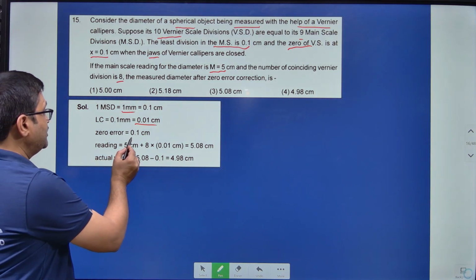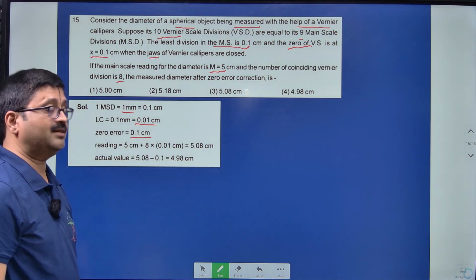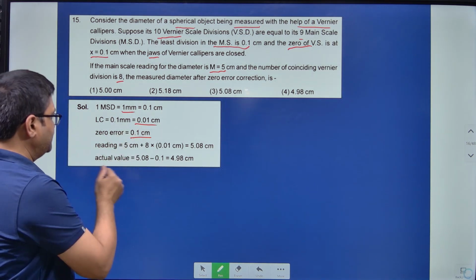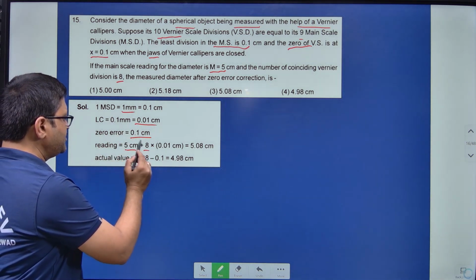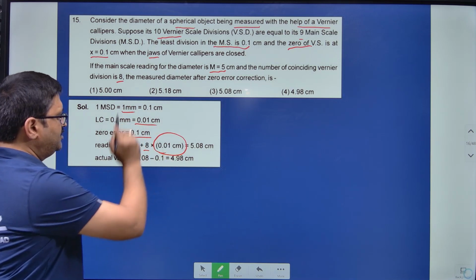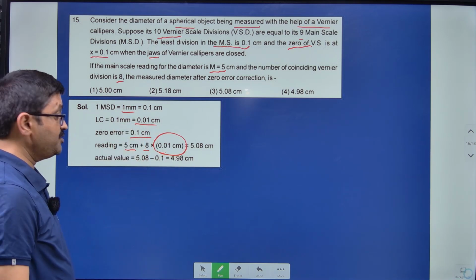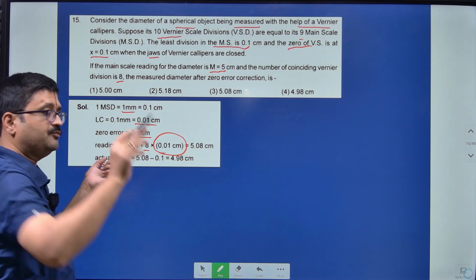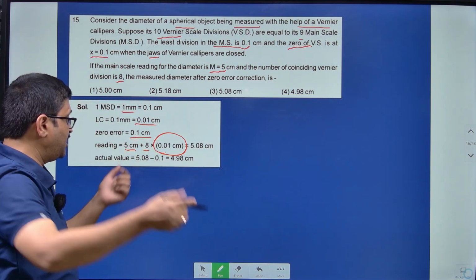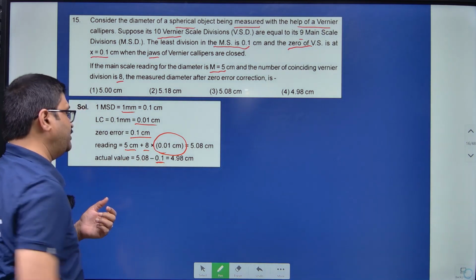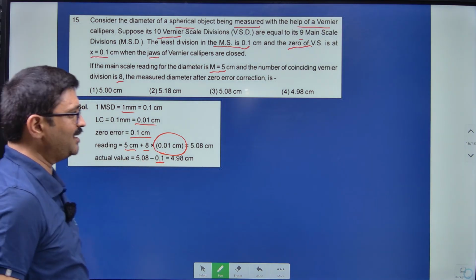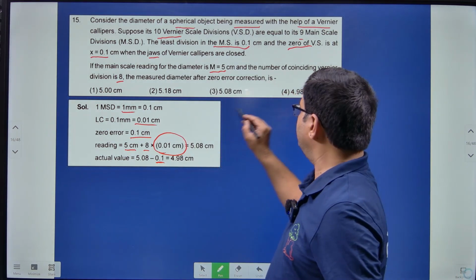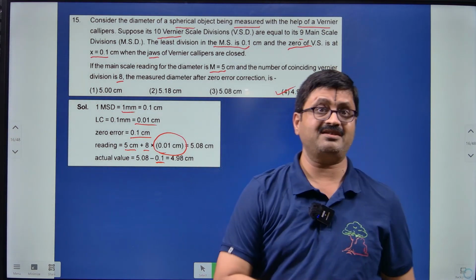Then the zero error is how much? 0.1 centimeter here. So if you consider this as zero error, then the reading becomes 5 centimeter plus 8 into LC, so this is 5.08. This is the reading. Then the zero error we have is 0.1, so I should subtract 0.1. To that we will get 4.98 centimeter. So this happens to be the answer. So in our case, option 4 is the matching one.